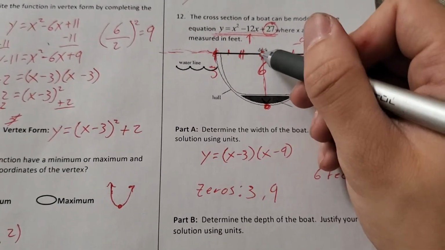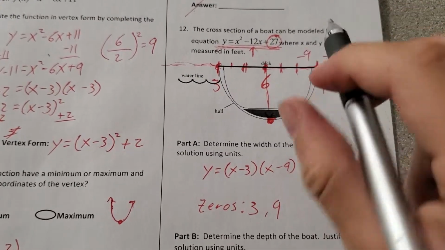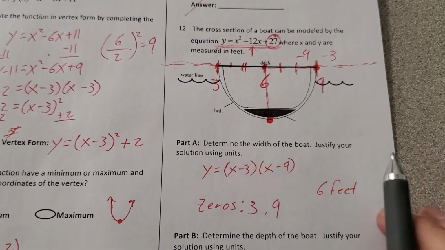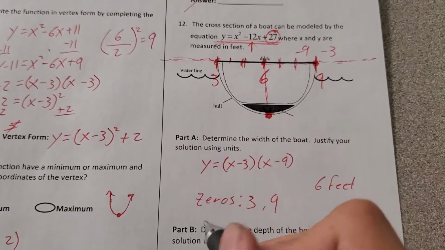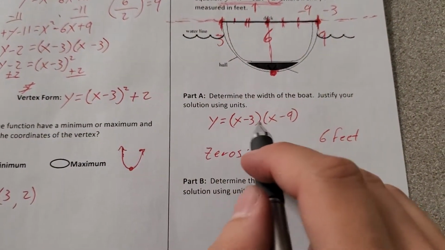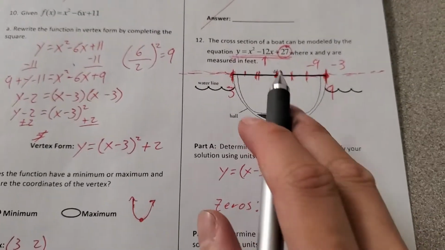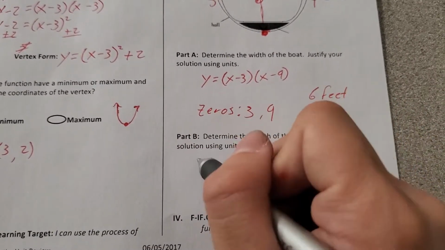So whatever the length I get from here to here, that'll be the width of my boat. So 6 is my x value. So I'm going to put my 6 into the original equation. I can do that, or I can also put the 6's in here. It doesn't really matter where I put the 6 because this is the same thing as this. I'm going to put it in here just so I can have a change in something.